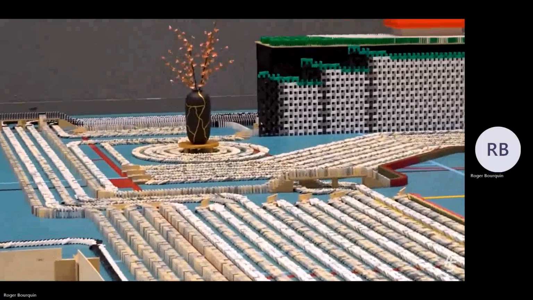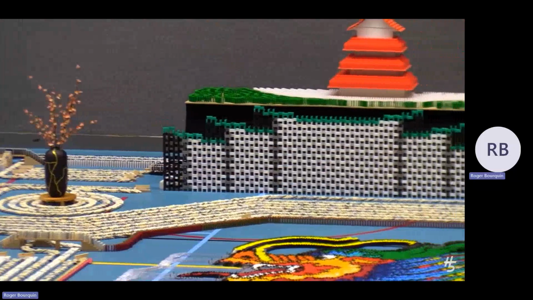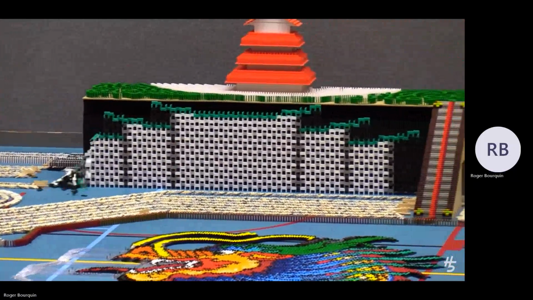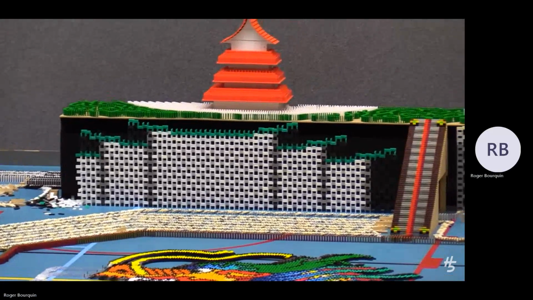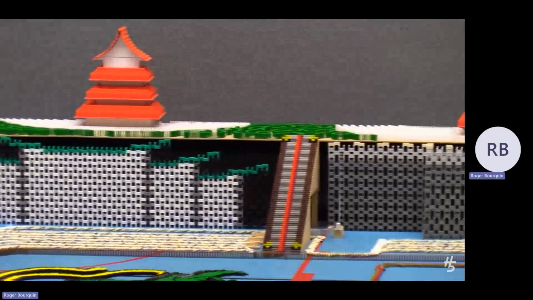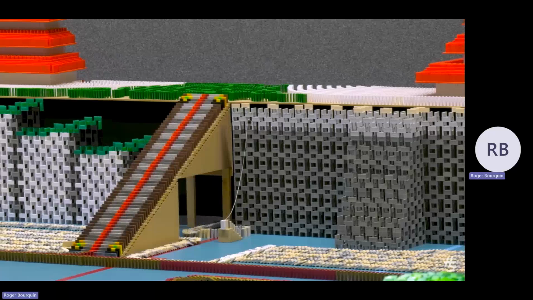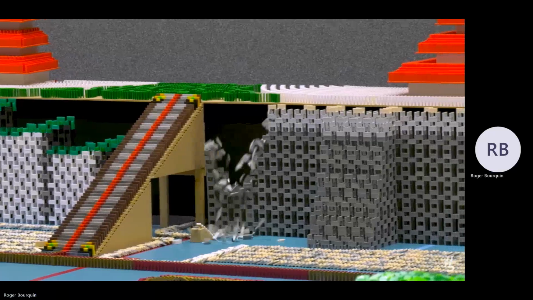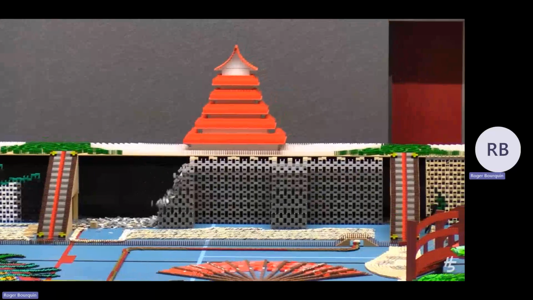The crowd. It's still going. Going on in the background. I don't think it's going to stop.